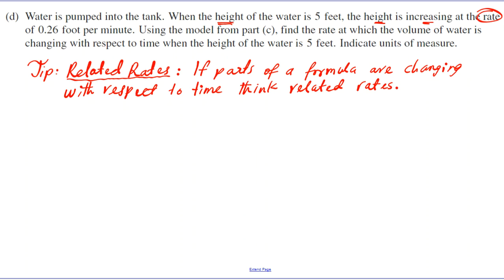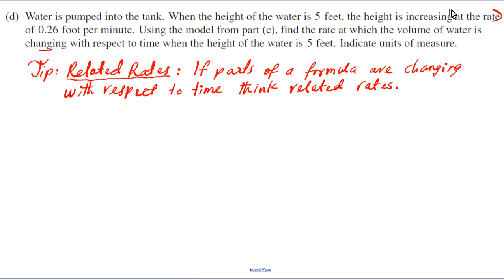And then it says find the rate at which the volume is doing what? Changing. So we're looking at the height changing and the volume changing. So we're looking at the parts of the volume formula changing with respect to time. That automatically tells us that we are dealing with a related rates type scenario.